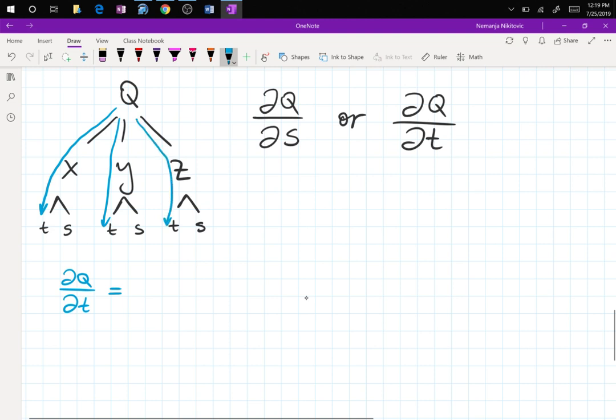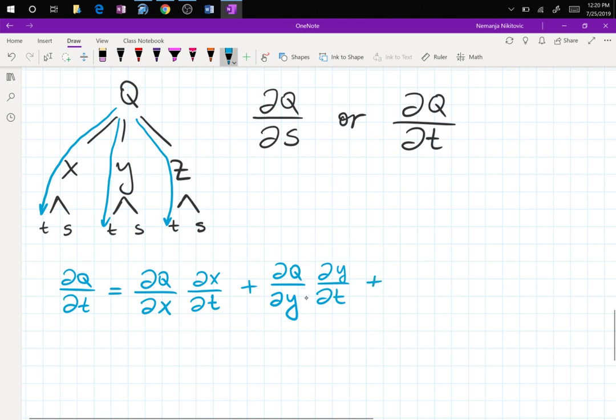So Q is branching, so partial Q, partial X. And then X is branching, partial X, partial T. Now there is another blue branch, great. I can also get to T from Q if I go through Y. So because there was a branching, it's partial Q, partial Y, and then branching again, so partial Y, partial T. Another one, partial Q, partial Z, partial Z, partial T.